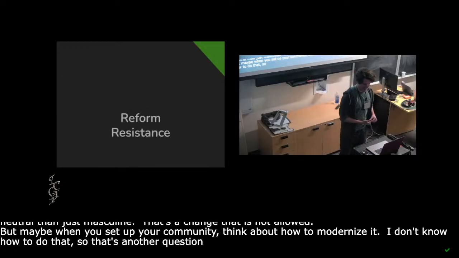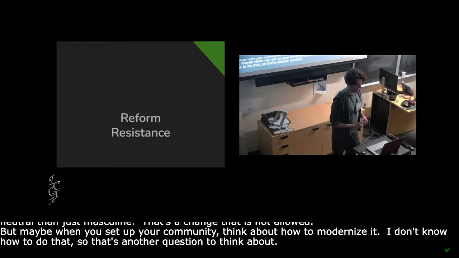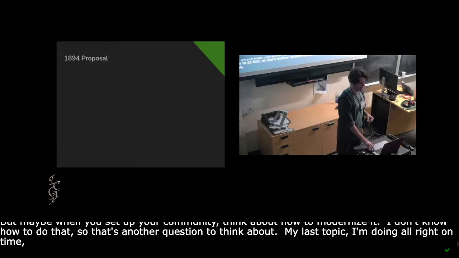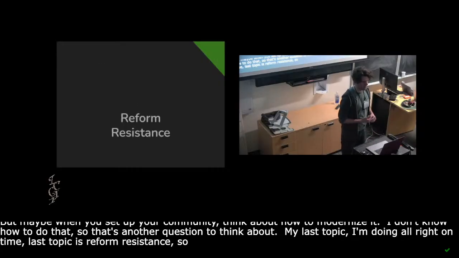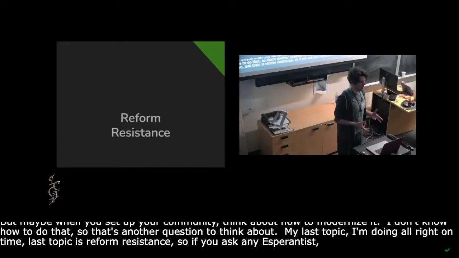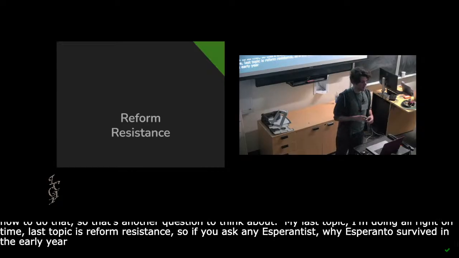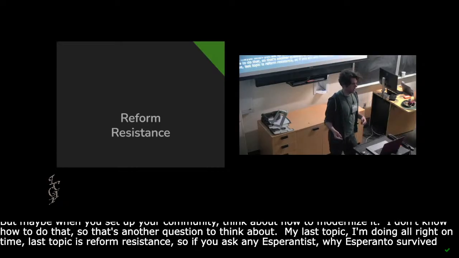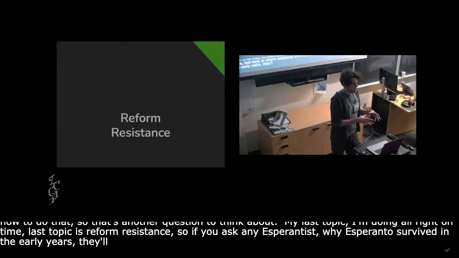All right, and then my last topic, it looks like I'm doing all right on time. Last topic is reform resistance. So if you ask any Esperantist why Esperanto survived all of its kin in those early years, they'll probably say that Zamenhof, seeing the fate of Volapük before it, handed the language over to its users.